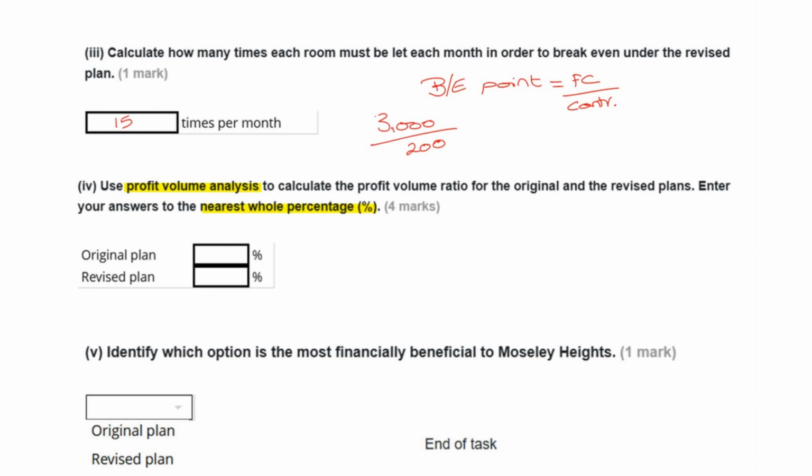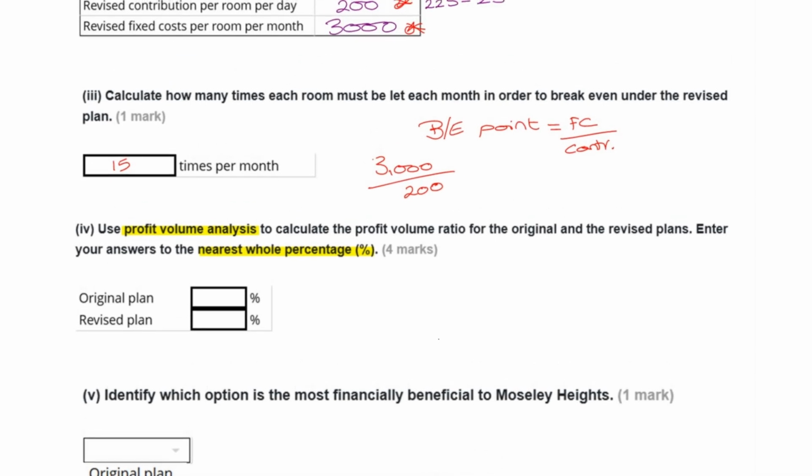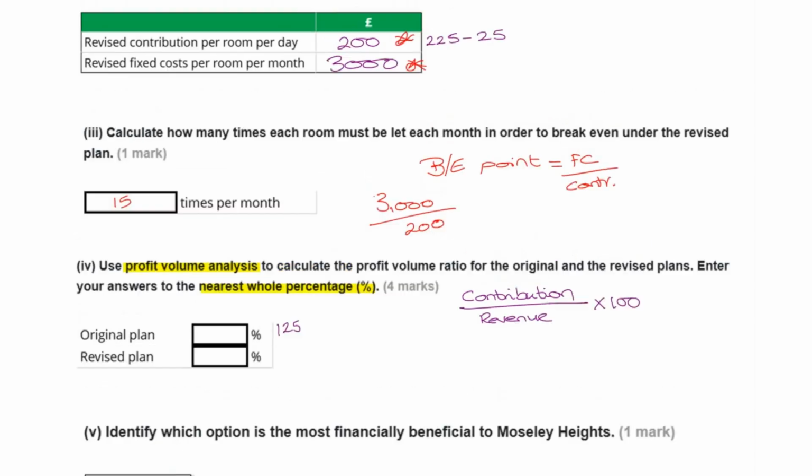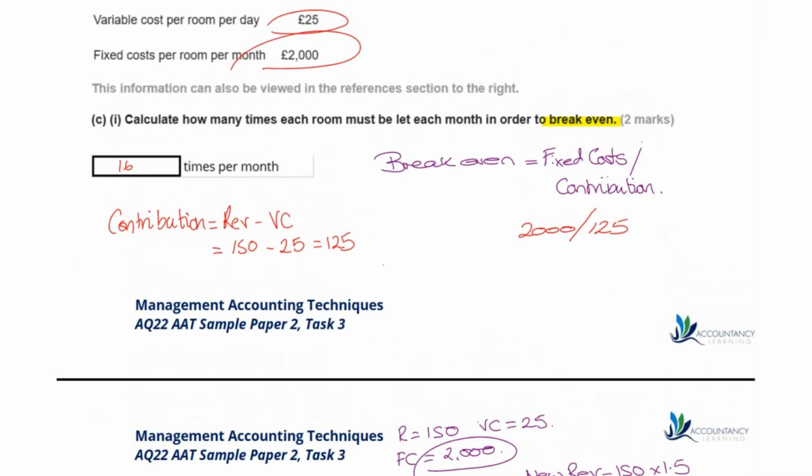So for our profit volume ratio then, we're going to want to divide our contribution by our revenue and to get to a percentage times by 100. So for the original plan then, it was 125, which was our contribution, so that has come from our calculation in the first part of the question.